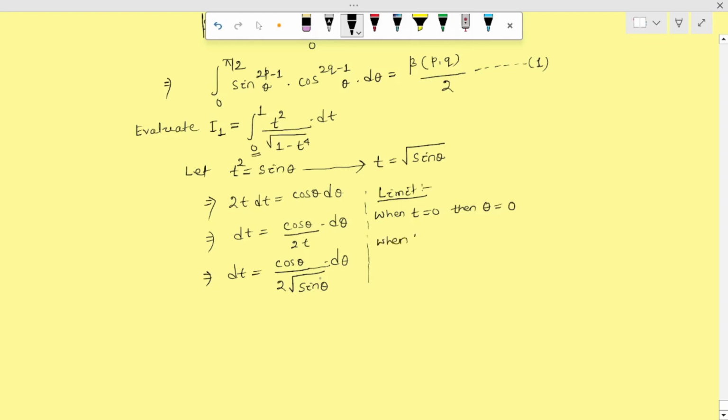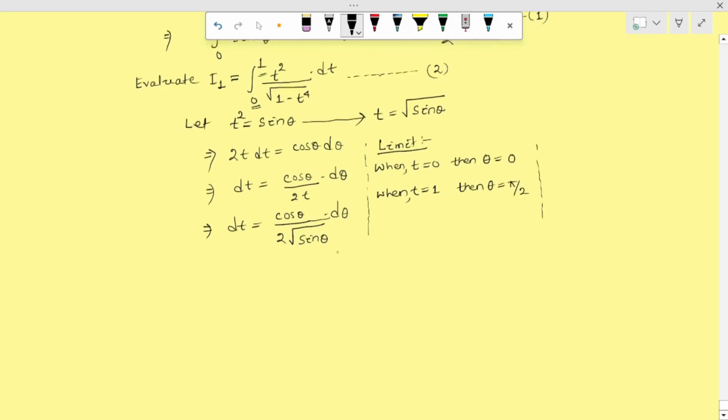When t approaches 1, because the upper limit is 1, then theta will be pi by 2, because sine pi by 2 is 1. So the limit will be changed from 0 to pi by 2 for this integral. Consider this as equation number 2, it will be better.